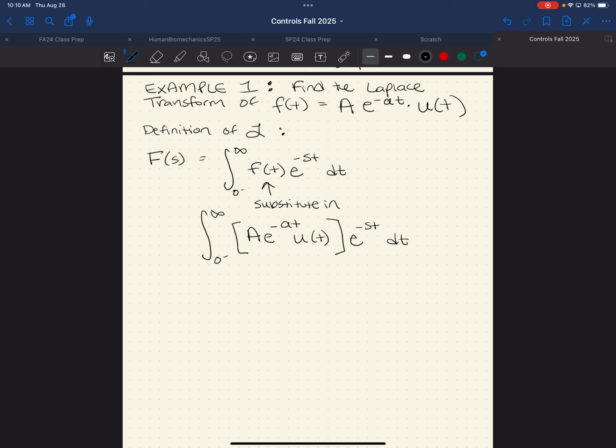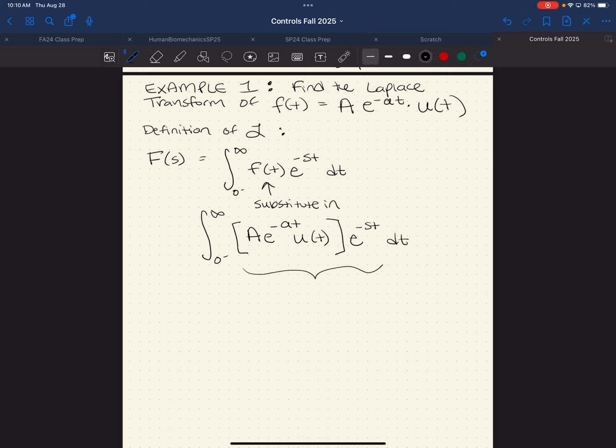So let's think. What is the only thing that could potentially be discontinuous in here? Is e to the minus t discontinuous? Right, the u of t.